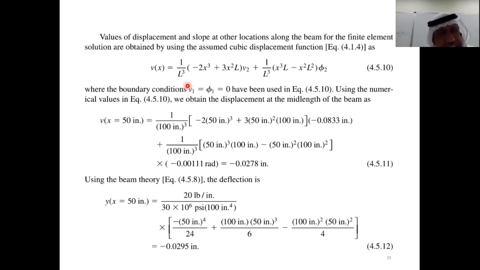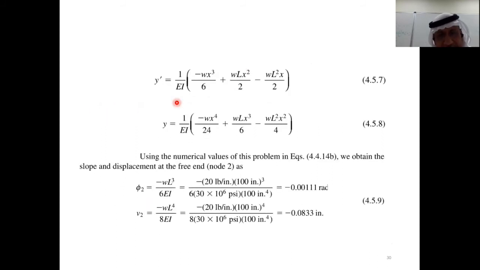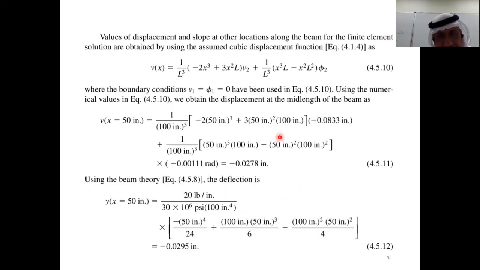So where the boundary condition, V1, Phi1 is 0. Using the numerical value that we obtained here, we put them back in here. This one here and this one here. So how much is the deflection? We are taking the nodal values of the displacement and we are calculating the displacement at x equal to 50.